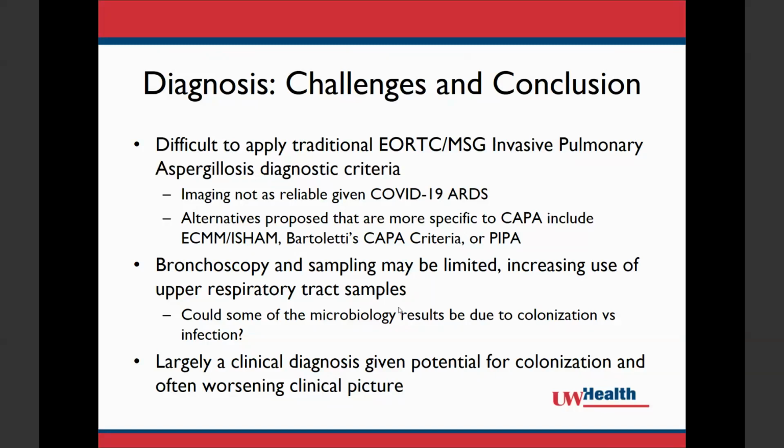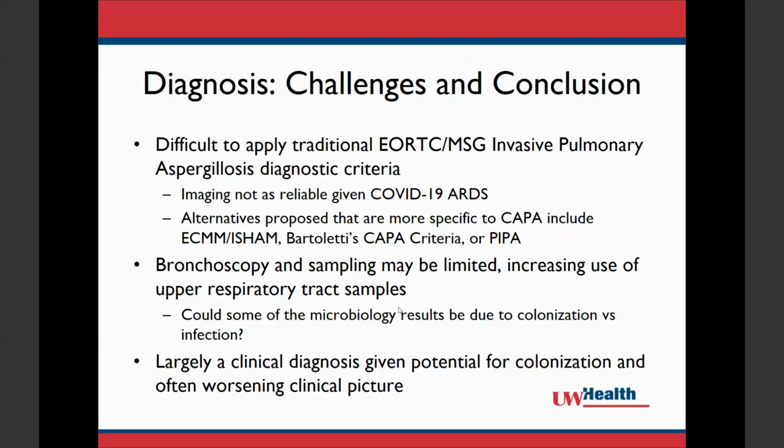And again, sometimes with COVID patients, given the precautions and isolation that those patients are under, sampling may be more limited, and there may be increased use of upper respiratory tract samples. And so we always have to be evaluating the question of, could the microbiology results be due to colonization versus infection?